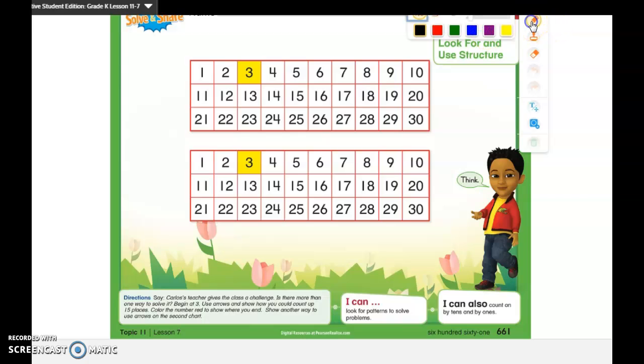So one is the very basic. We're going to count up 15 more. Not to 15. 15 is not my end. We're counting up 15 more. So we would start at our beginning number, our yellow dot, and count 15. So let's say 1, 2, 3, 4, 5, 6, 7.